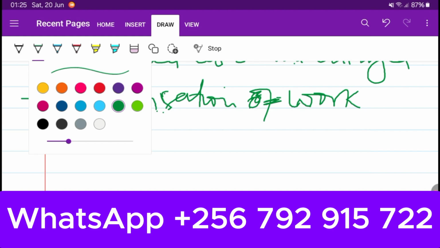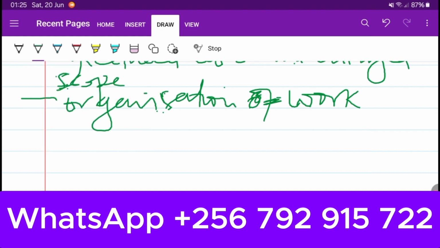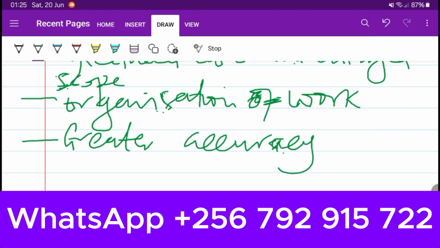The other point that we can talk about is greater accuracy. Now, when it comes to accuracy, the people involved in the collection of data are going to be trained.